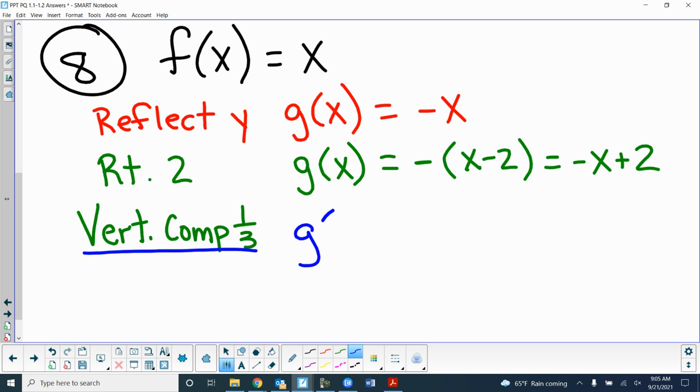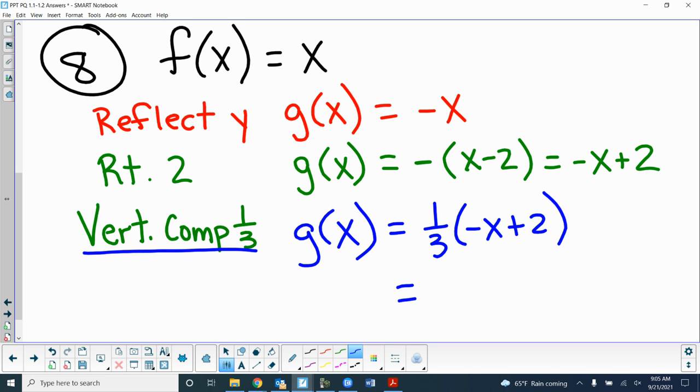So our final answer of doing those three things would be 1/3 times that negative x plus 2, and then clean it up, distribute. So negative 1/3 x plus 2/3. We'll be doing all three things from the beginning.